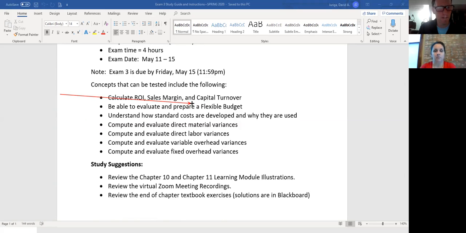I think there's some good stuff on there to help you review. And then, of course, everything we're doing right here with the standard cost, all these variances: material, labor, variable overhead, and fixed overhead. I spent last Thursday on that handout on how to calculate the fixed overhead variance, and you're basically good on that one, in my opinion.